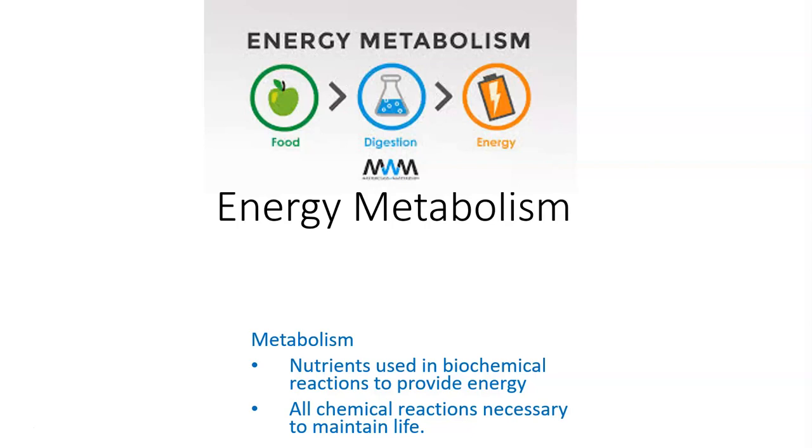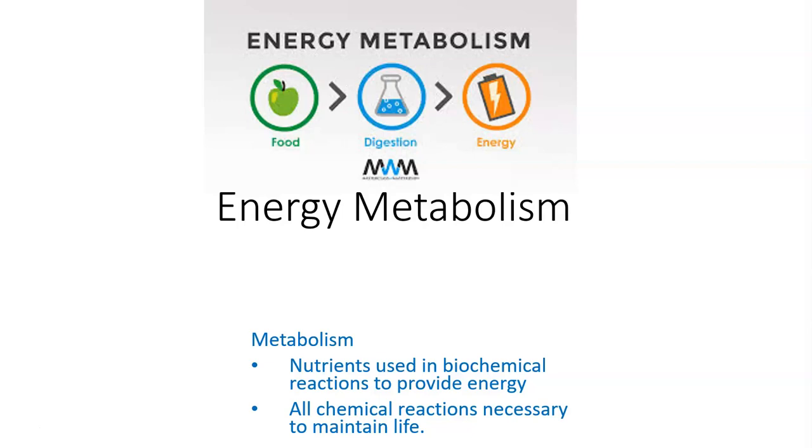A cell needs to be able to have energy and make energy in order to carry out functions. And so there are biochemical reactions that happen that allow a cell to make energy, or make ATP. So we call this metabolism, or energy metabolism.